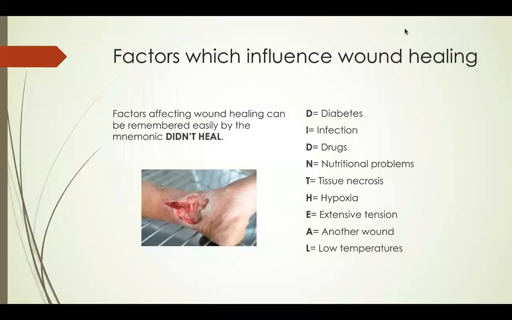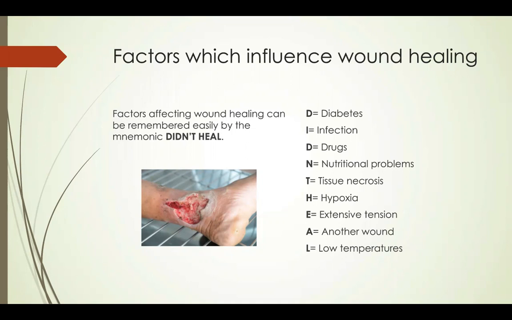So moving on to slide 88, factors which influence wound healing. Factors that affect wound healing can be remembered easily by the mnemonic DIDN'T HEAL. So D, diabetes. Someone with diabetes, it's harder for their wounds to heal due to the nature of the disease process.